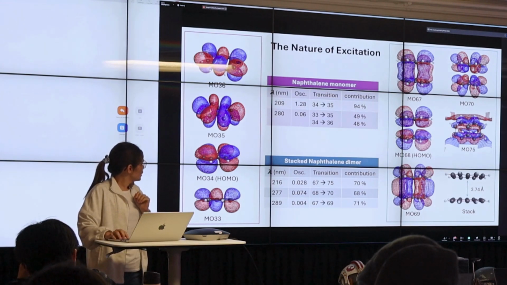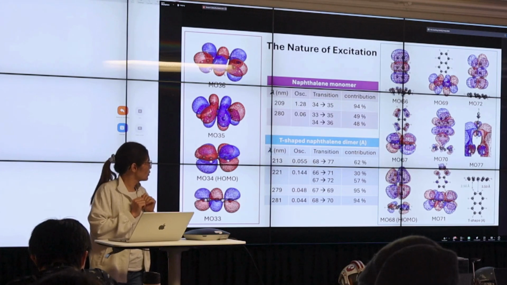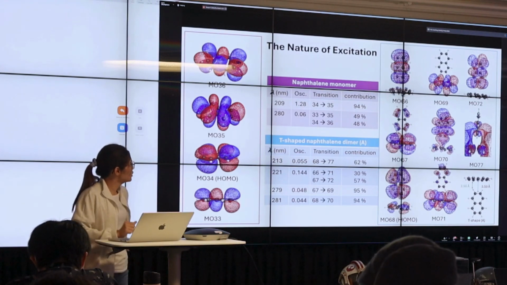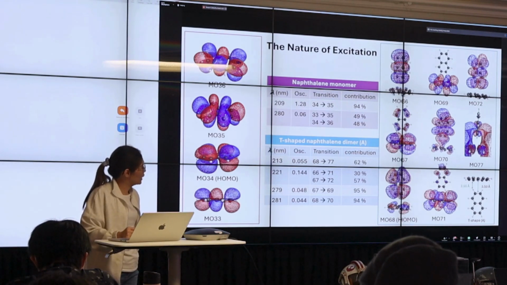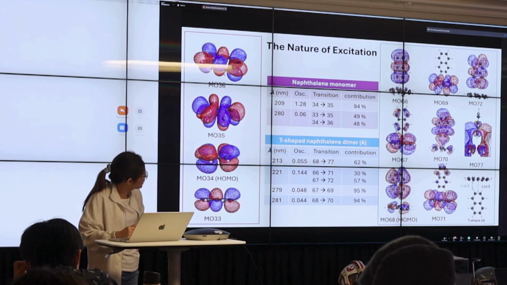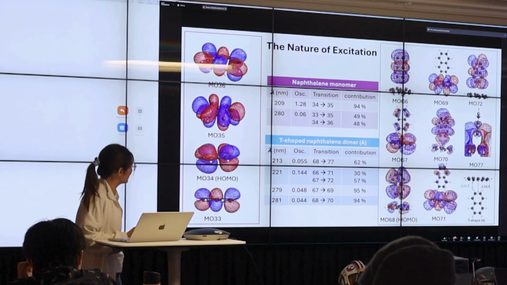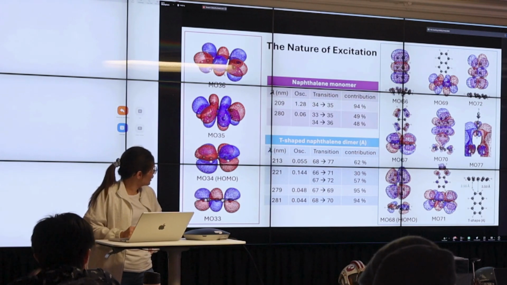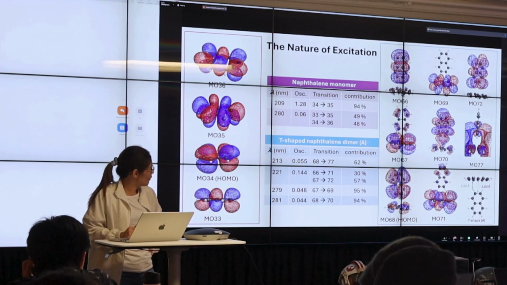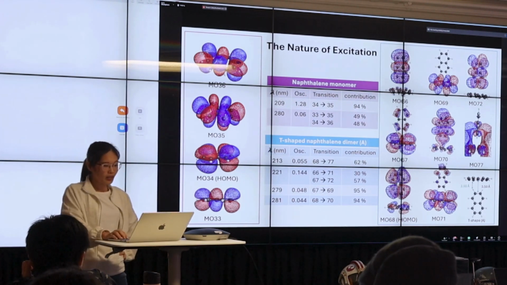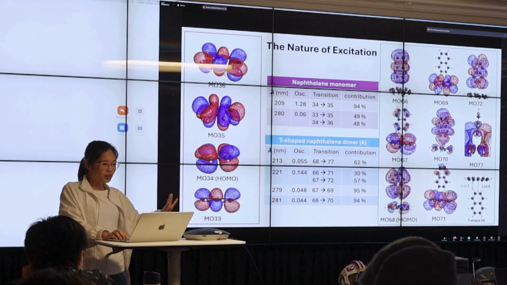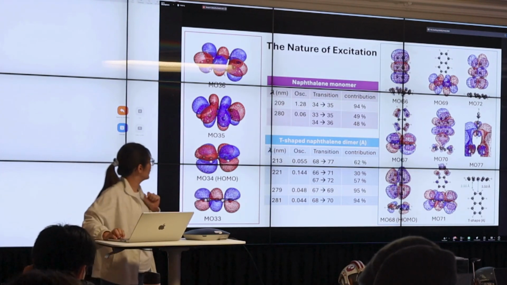With the T-shape, we can also see some interaction between the two naphthalenes, but I would say the interaction is less than the stack. That's for the naphthalene dimer.